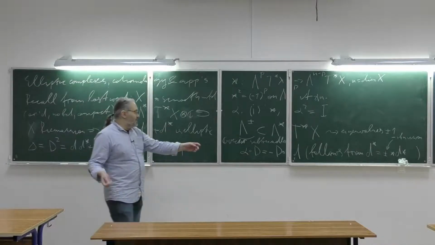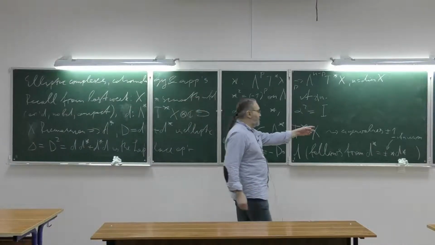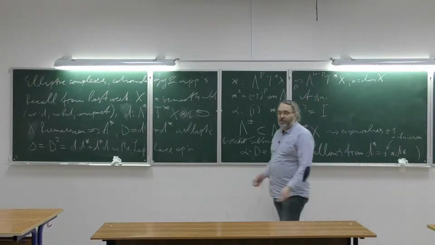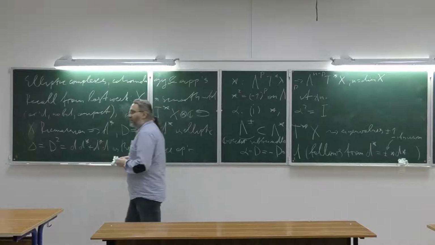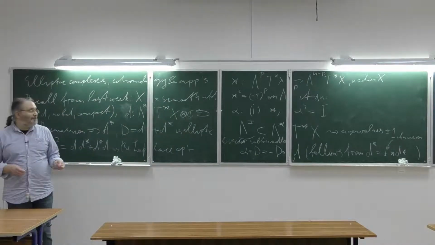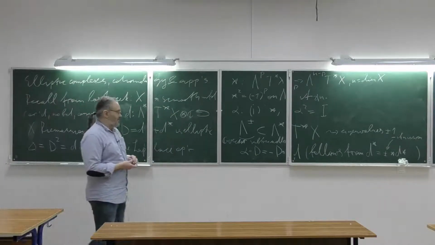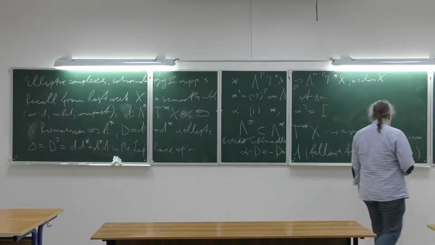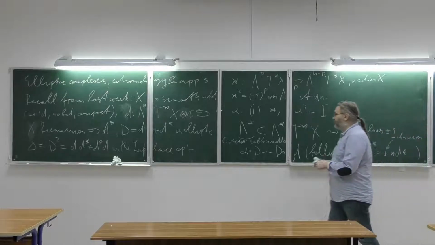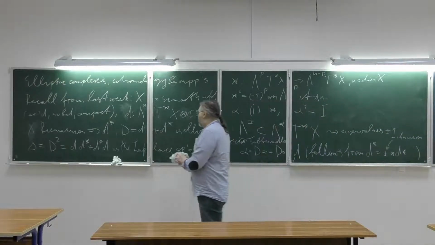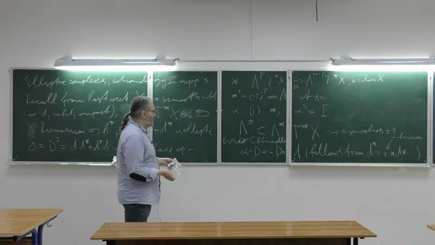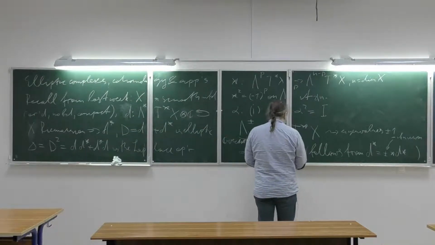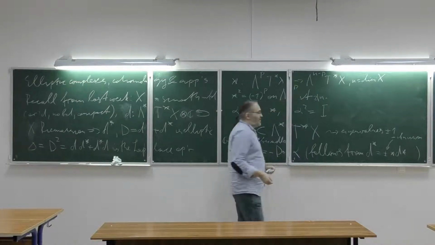Okay, now the sign is always minus if n is even, and it's something if n is odd. Oh, sorry. Yes, thank you. Yes, this is supposed to be alpha.